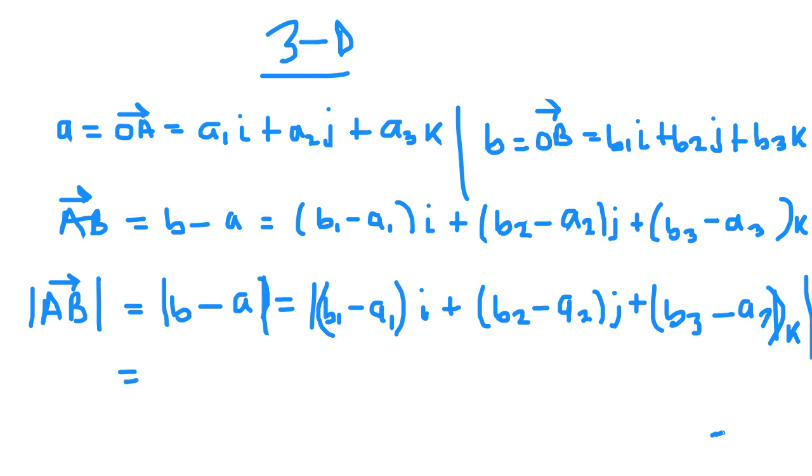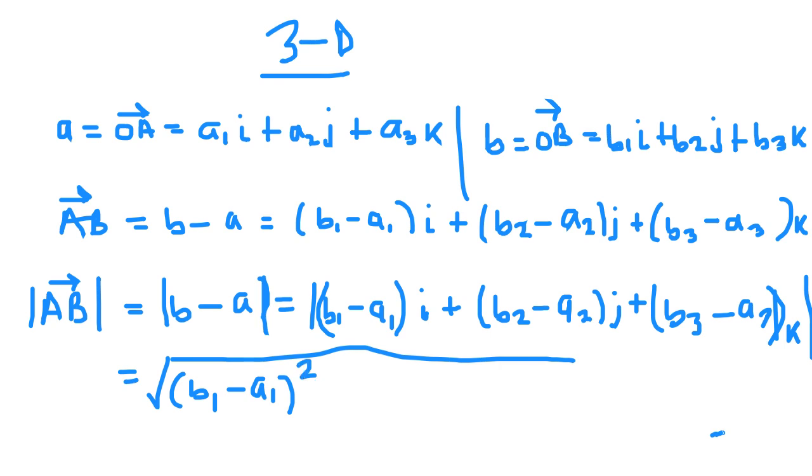(B1 minus A1) squared plus (B2 minus A2) squared plus (B3 minus A3) squared. So this is how we do it for three-dimensional.